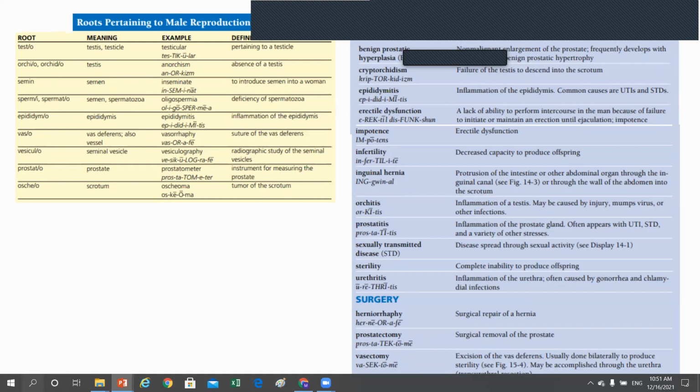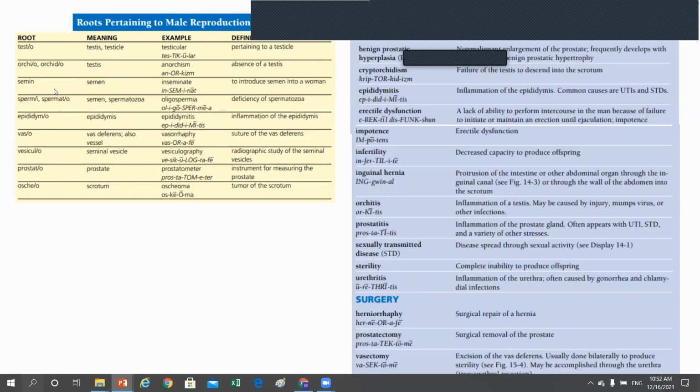Sometimes they are not able to reach the scrotum, and then we call them undescended testes. They have not reached the scrotum. So the testes have to be put back into the scrotum by a surgical process. So we use the word orchido.